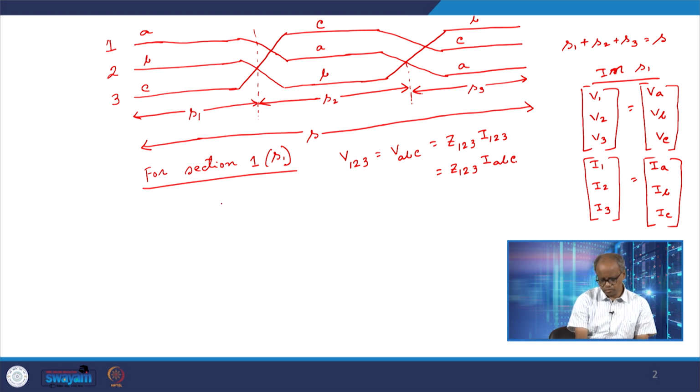So it is given by Z11, Z12, Z13, Z21, Z22, Z23 and Z31, Z32, Z33, corresponding to these three positions of conductors.